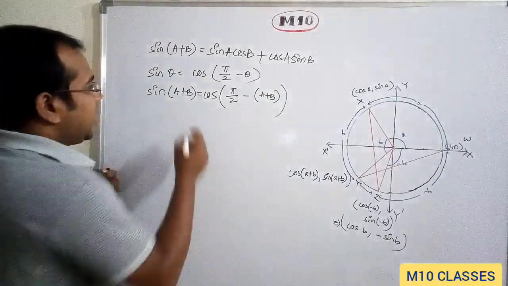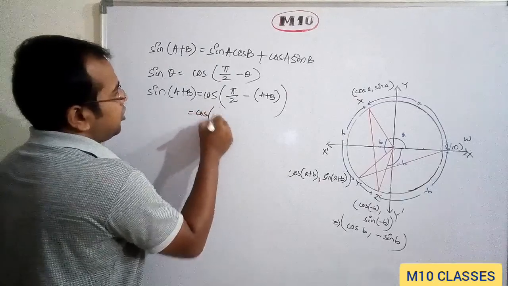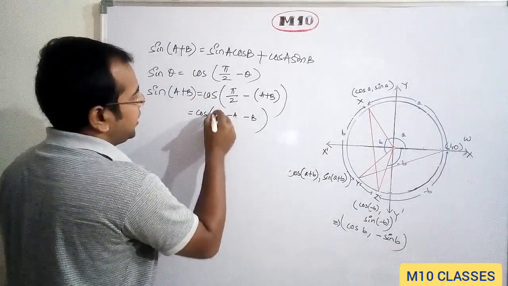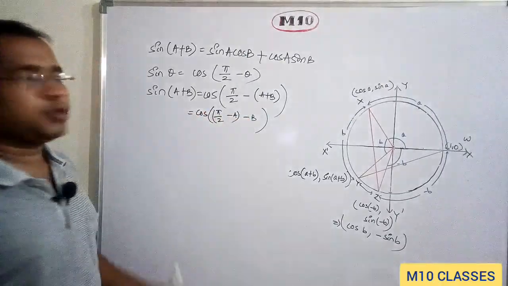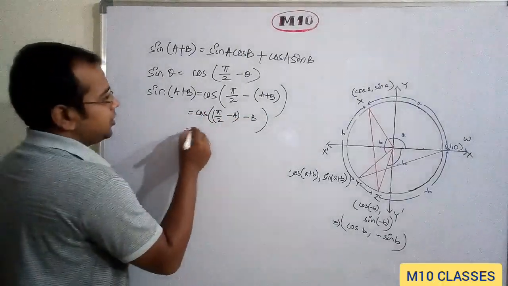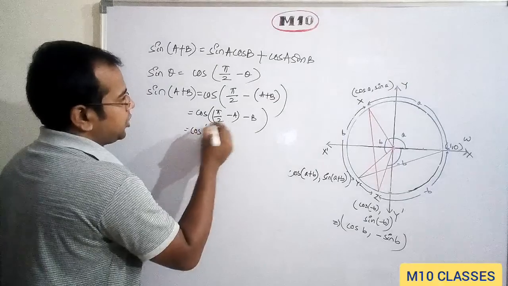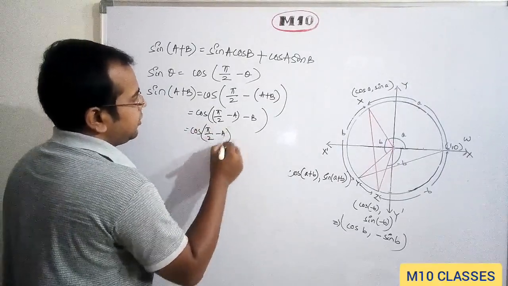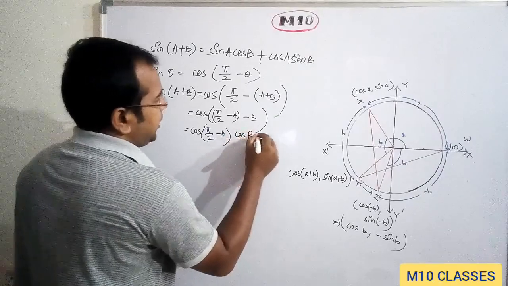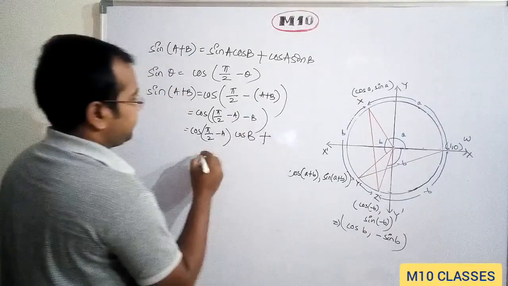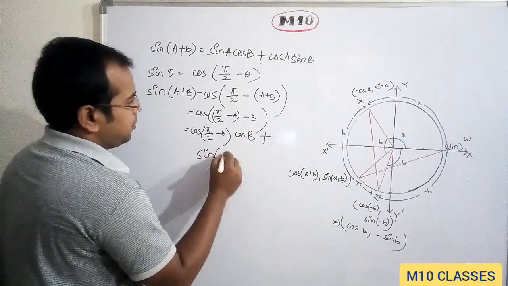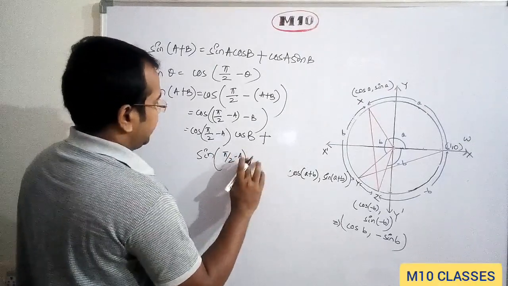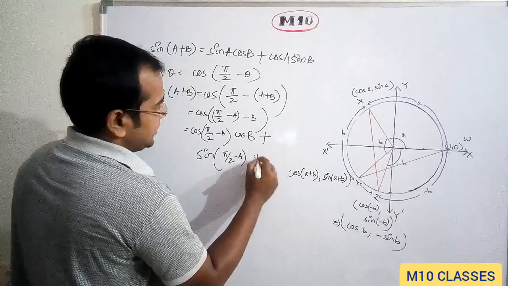I can write it as cos of ((pi by 2 minus A) minus B). Take these two together. What will you get? Cos of (pi by 2 minus A) cos B plus sin of (pi by 2 minus A) into sin B.